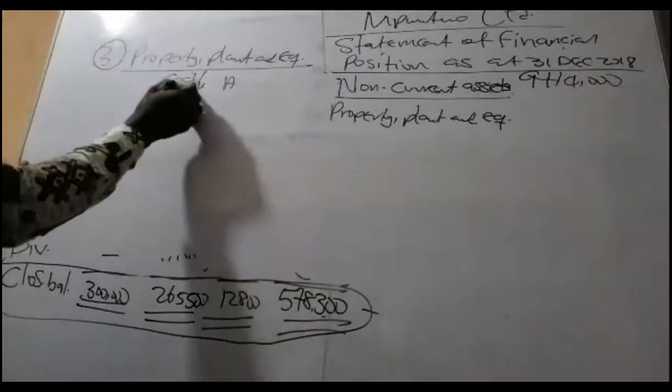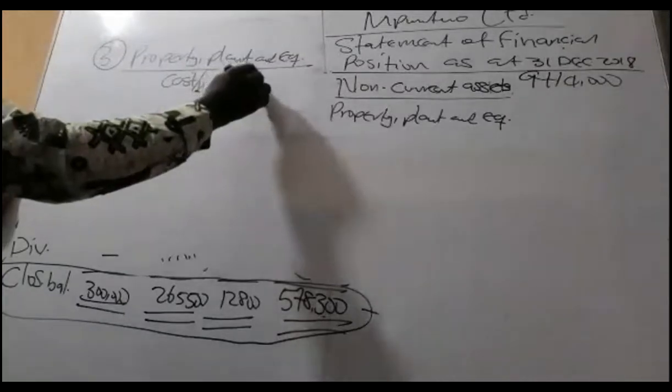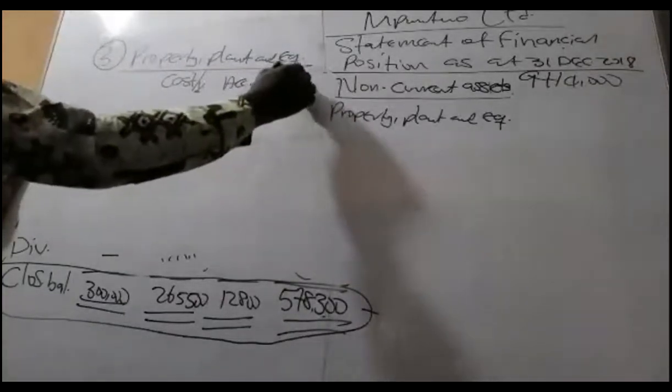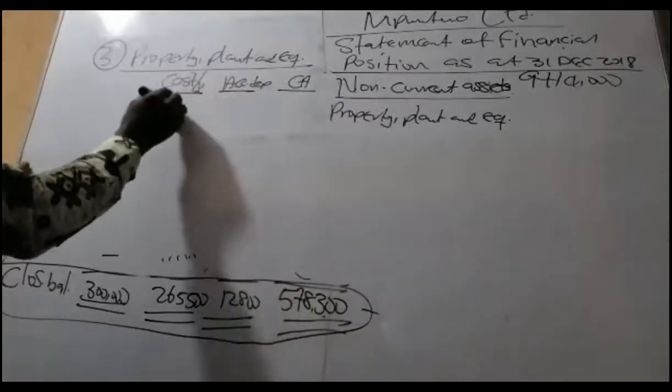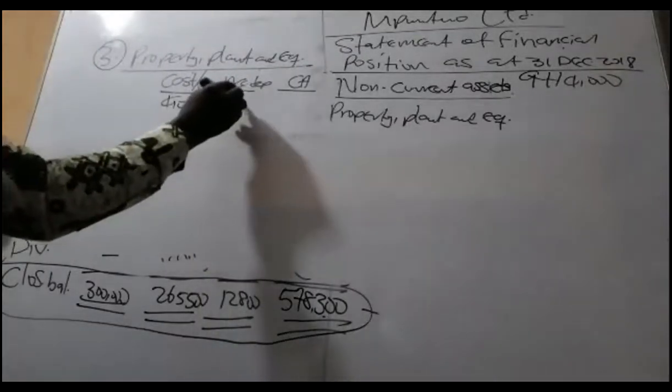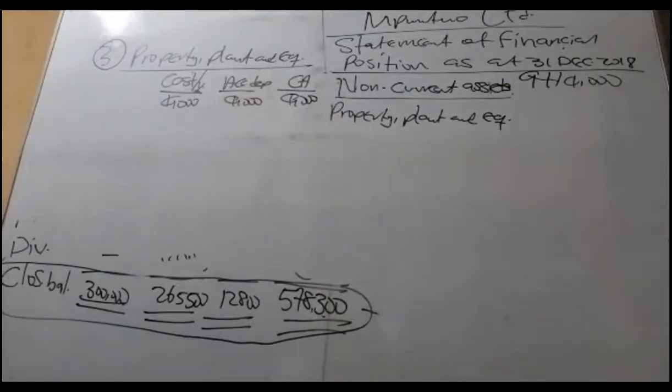Yes, sometimes they revalue the assets. So accumulated depreciation, then carrying amount or net book value. And you bring your currency, 3 zeros. You start here and go to the question and list all the tangible non-current assets, the PPE, from top to down. Then you are done.